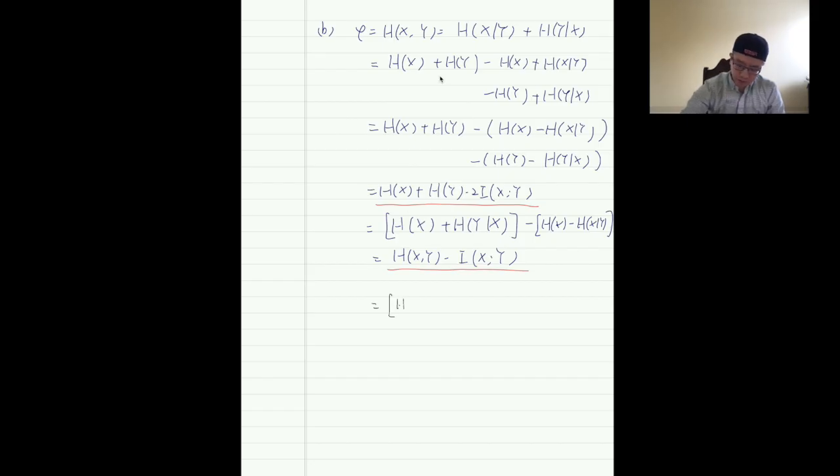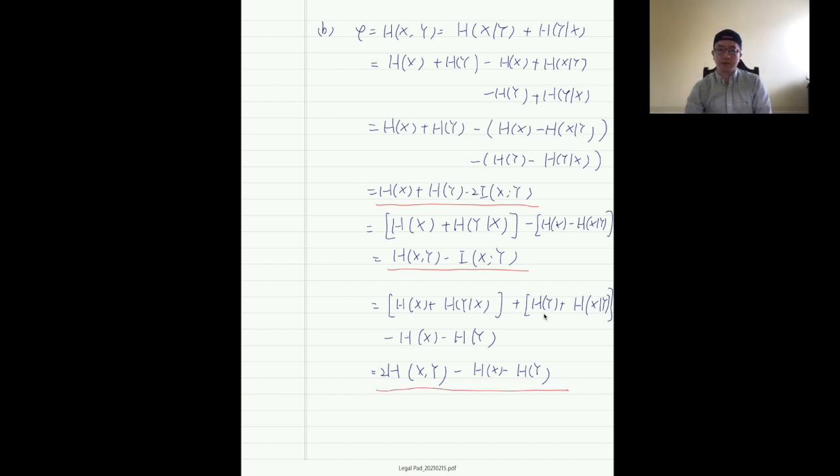So we can get H(X) plus H(Y|X), and then add H(Y) plus H(X|Y), right? And then we have two negative terms here, minus H(X) minus H(Y). Then we have 2 times H(X,Y), because both of them will give you the joint entropy, and then minus H(X) minus H(Y). That is basically the last identity that we would like to show.